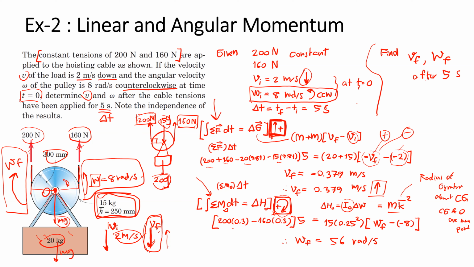And it's positive, so the direction that we assume to be the clockwise direction is correct. Okay, and we are going to have the next example as the last example for today.